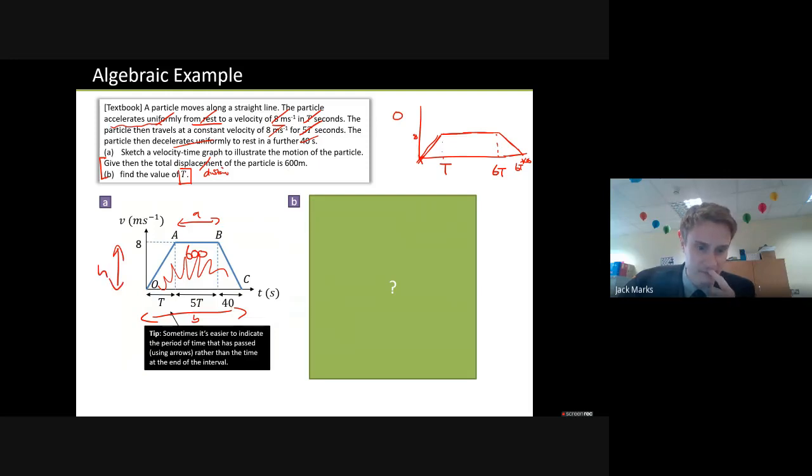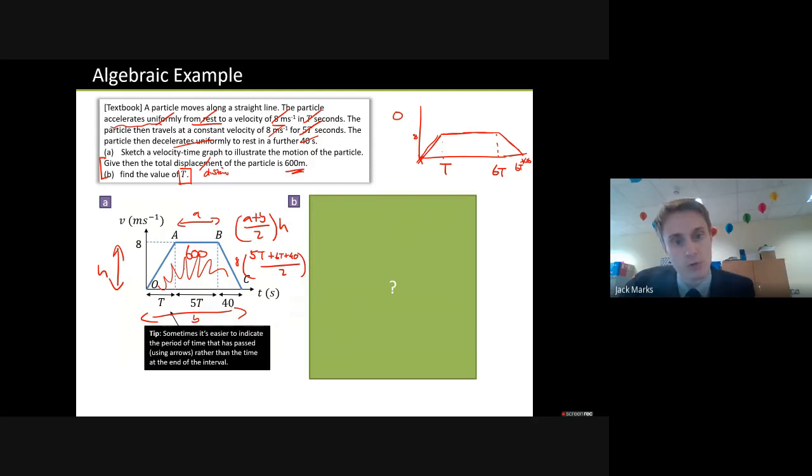A plus B over 2 times H. Let's write it down like that. A is going to be 5t. B is going to be t plus another 5t, that's 6t plus 40. So plus 6t plus 40, over 2, and we're multiplying the whole thing by 8.